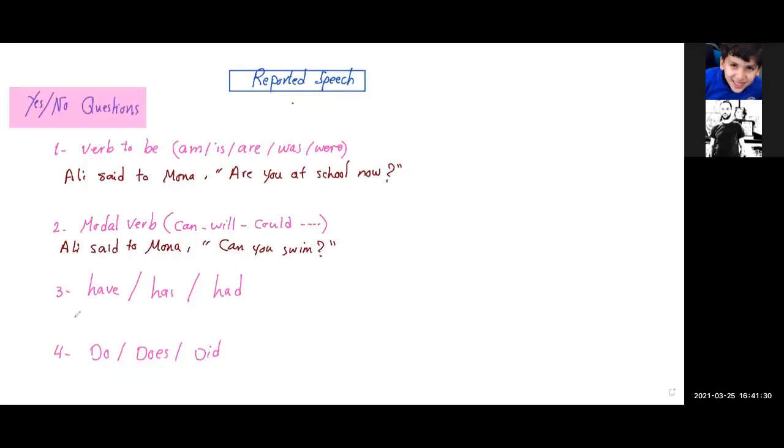And number three, Ali said to Mona, have you finished? Okay, this is another yes and no question because it starts with have, and we have the past participle in this question.